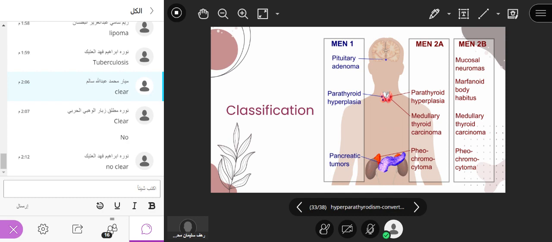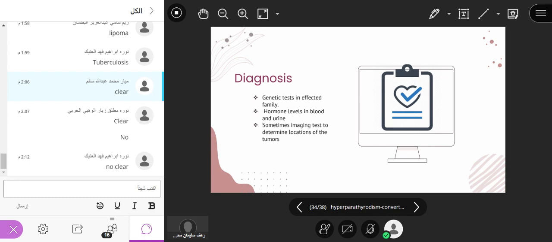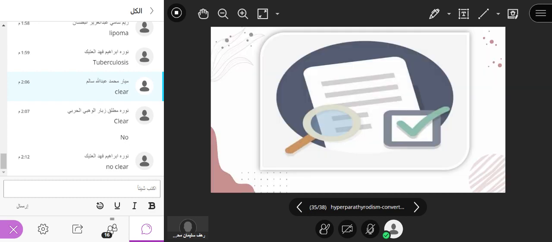MEN 2B, the patient will have mucosal neuroma, marfanoid body habitus, medullary thyroid carcinoma, and pheochromocytoma. The diagnosis: genetic testing in the affected family, hormone levels in the blood and urine, and sometimes imaging tests to determine where the primary tumor is.